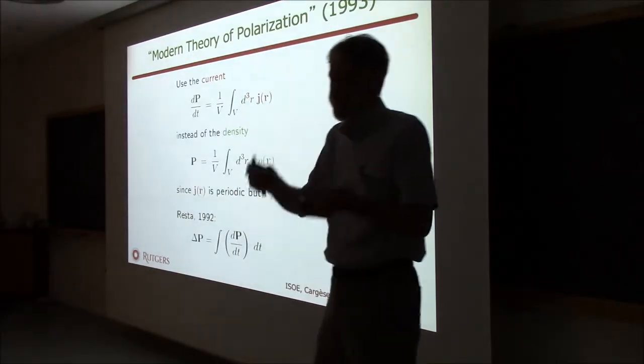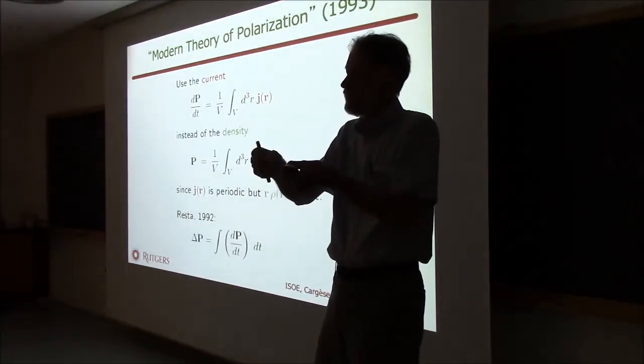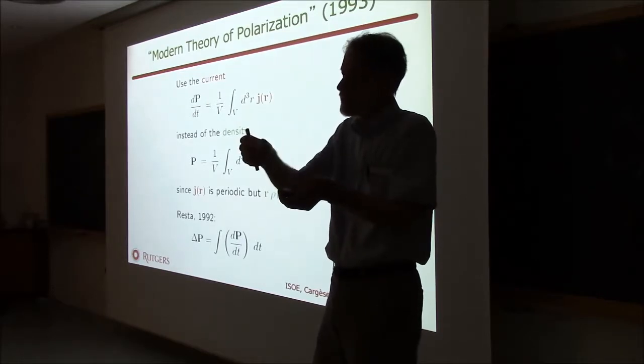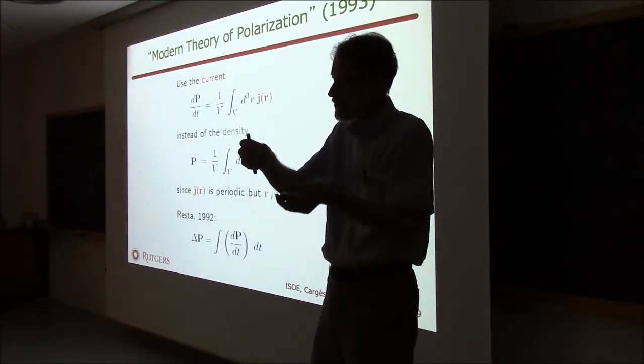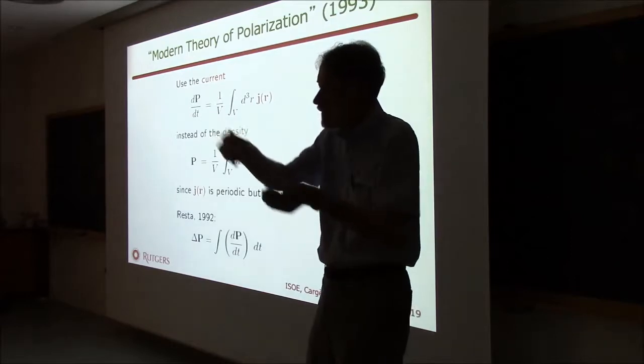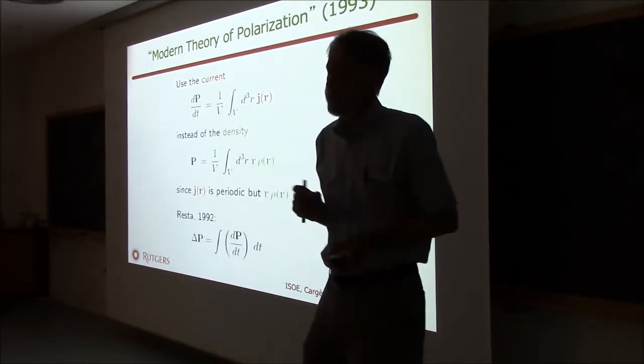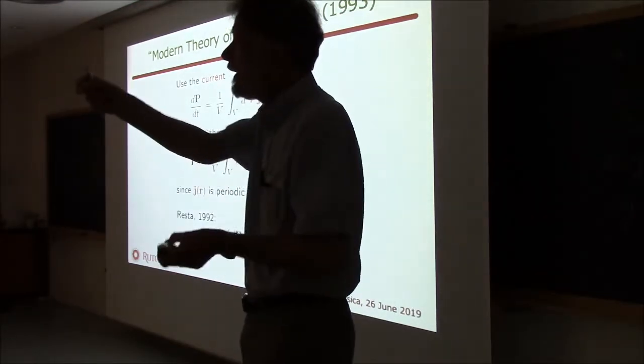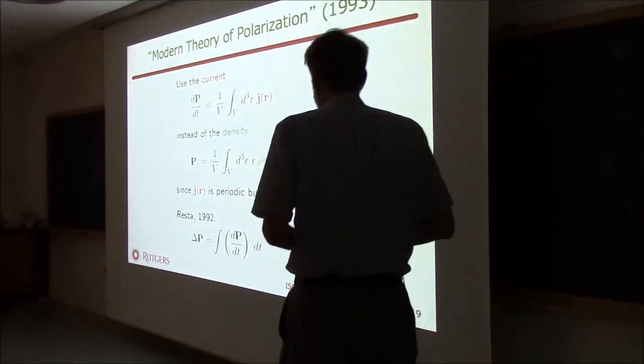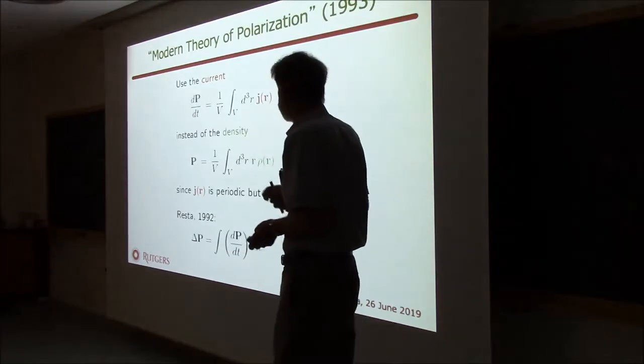Let's imagine that we start with the crystal in some configuration, for example, the centrosymmetric paraelectric structure, and then we slowly move the atoms or make some other slow adiabatic change to the crystal until we get into the final configuration that we want, let's say the ferroelectric structure.